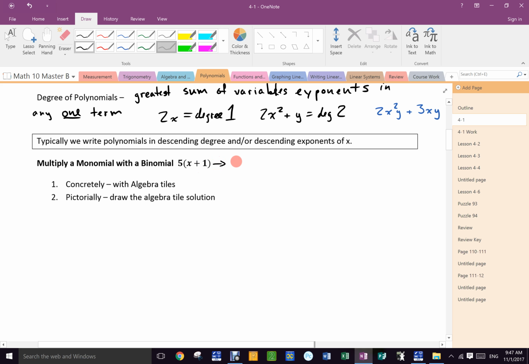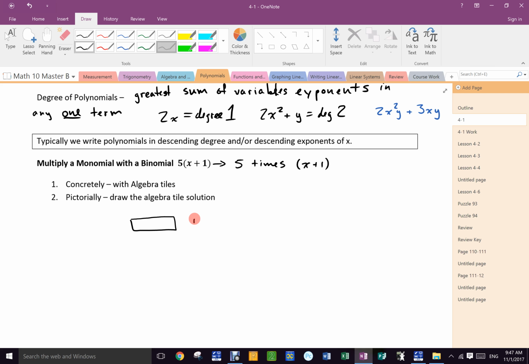That is multiplying. You are saying it is 5 times x plus 1. Yes? X plus 1 is a binomial, right? So if we were going to draw it, we would draw it thusly. A long bar makes an x. A little square makes a 1.